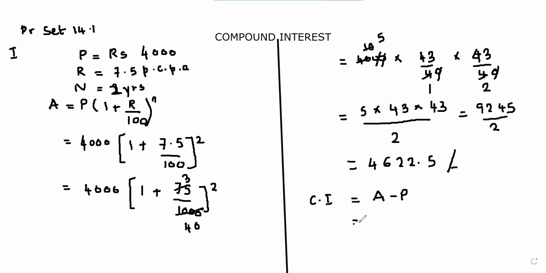So that is equal to 4622.5 minus 4,000. So that is equal to rupees 622.50 paise. So this is my compound interest. Okay. 622.50 paise.